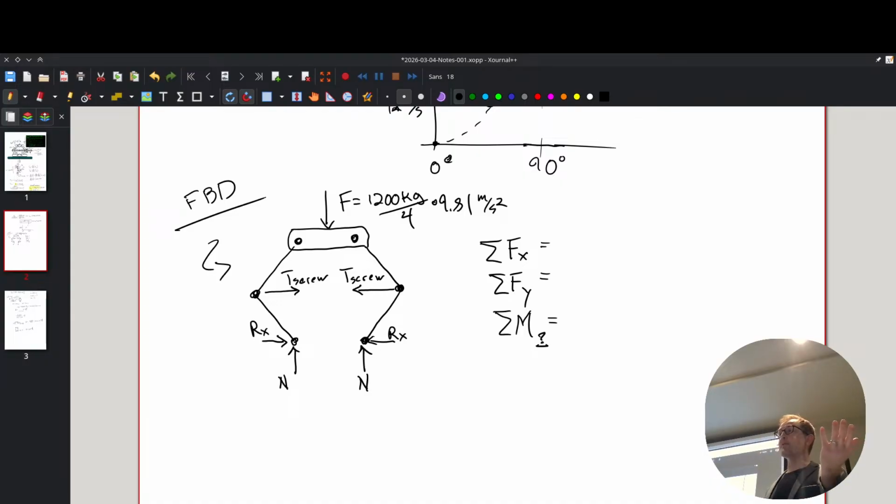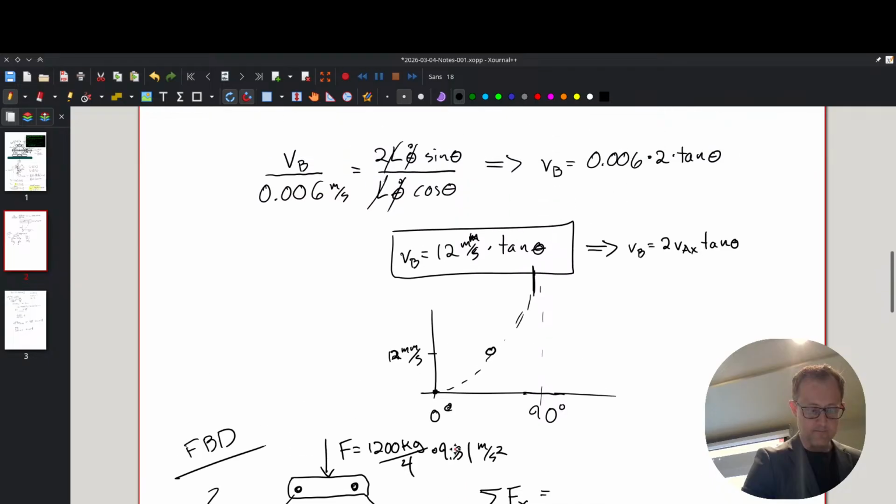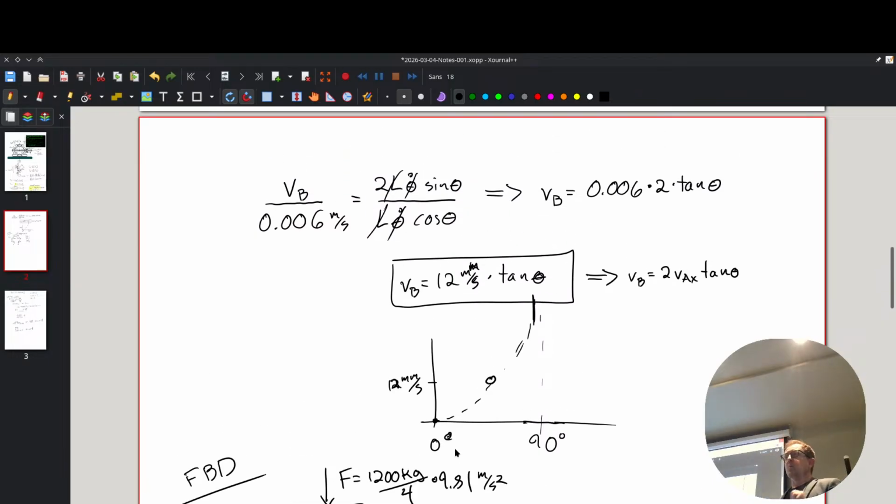So one thing is that if our velocity is not changing, then the sum of the forces is 0, because A is telling us changes in velocity. We already figured out that velocity is changing. So we do have acceleration.